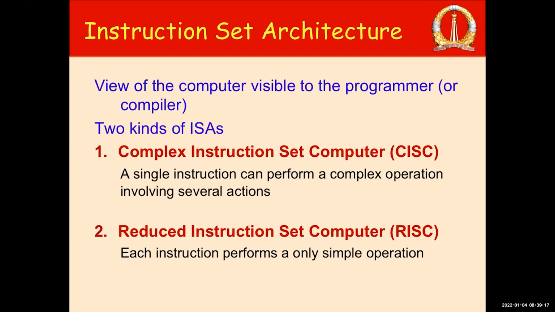So a complex task has to be performed using a collection of instructions. But the advantage of the reduced instruction set computer is that because each instruction is simple, it can be implemented in a very efficient way, perhaps with a faster clock and in a pipelined manner, so that the collection of instructions meant to accomplish the same task as a complex instruction can be accomplished rather quickly, even compared to the single complex instruction execution.